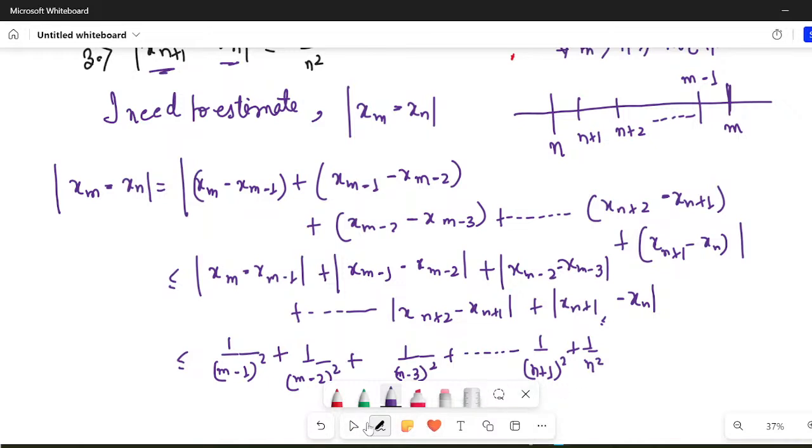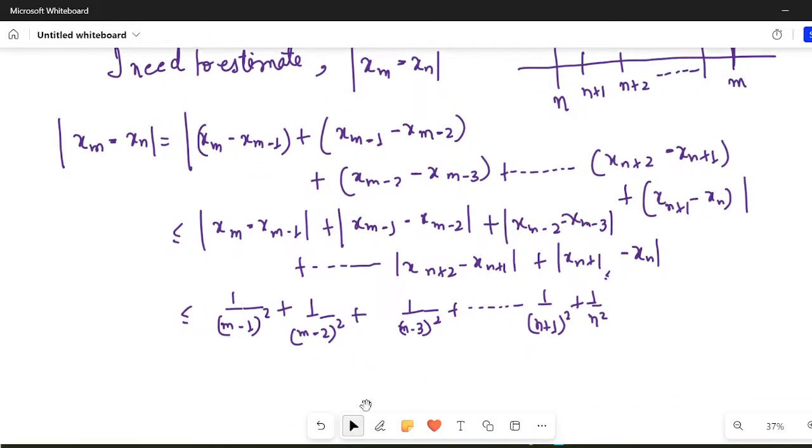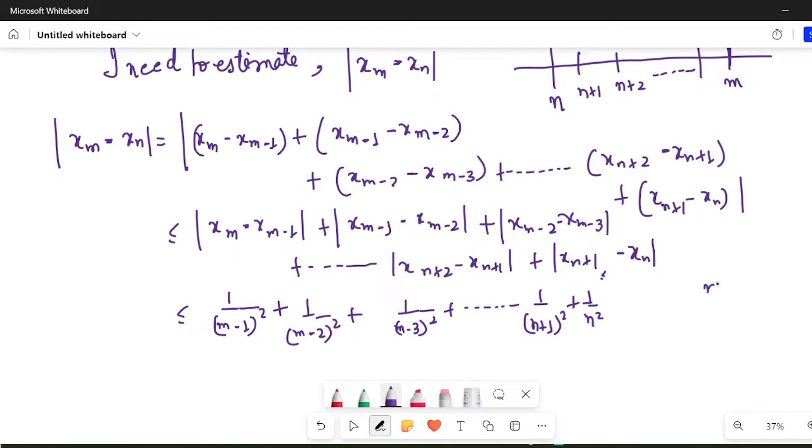Okay, so I know that my m is greater than n, so I can write that 1 upon m will be less than 1 upon n. Similarly, m is already greater than n, m minus 1 is also greater than n, m minus 2 is also greater than n.